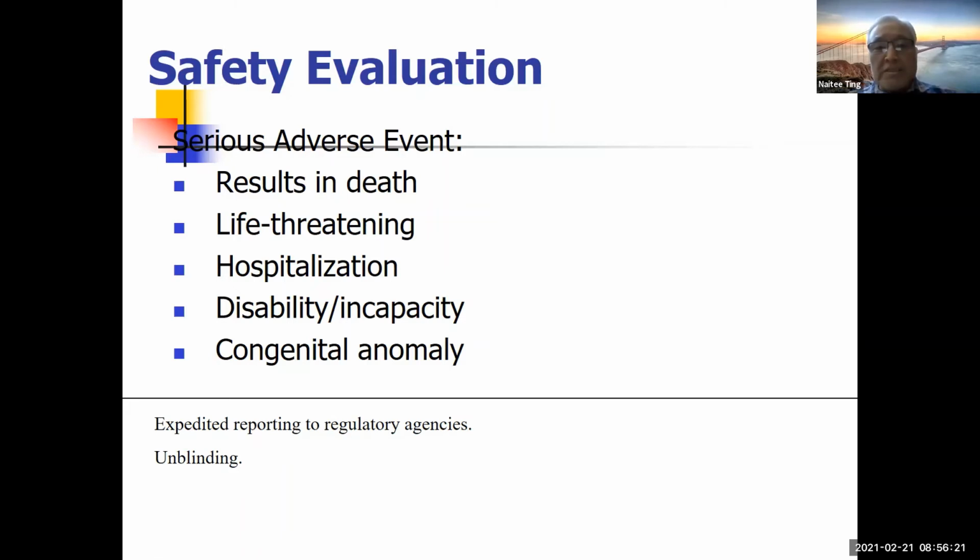In most cases, SAE does not happen during the clinical visit, right? Death, life-threatening events, hospitalization, they don't happen in the clinical office. So SAE does not have a case report form. The way you handle SAE is totally separate from the way you handle AE. For SAE, you have to take special action.